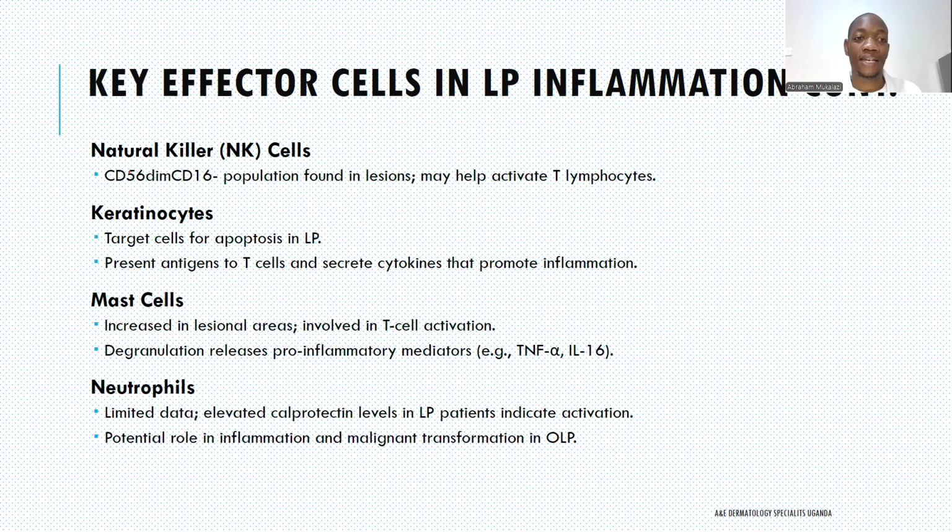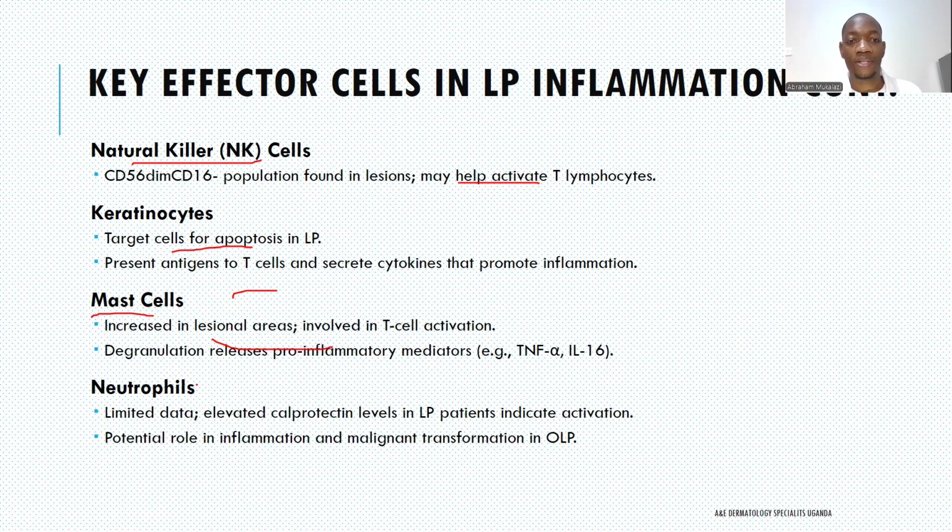So we have more cells. The natural killer cells have also been shown to increase in lesional skin, and these may also help to activate more T cells. Then we have keratinocytes, which are usually the target for apoptosis in lichen planus, and they present the antigen. And then we also have mast cells. I've mentioned mast cells.